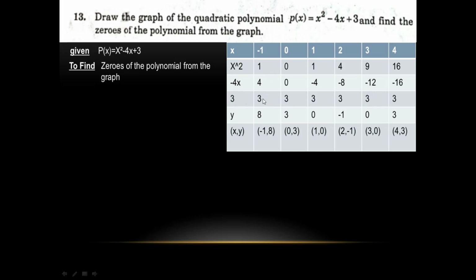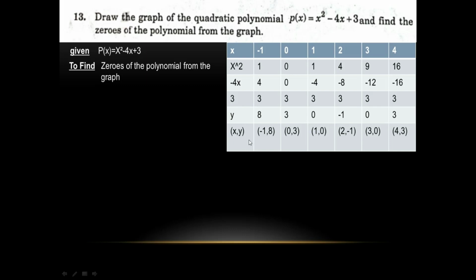If we add all these 3, we will get y. So 1 plus 4, 5, plus 3, 8. Then next, 0 plus 0 plus 3, we get 3. Similarly, we calculate all the y values by adding all of these, so we get y here.